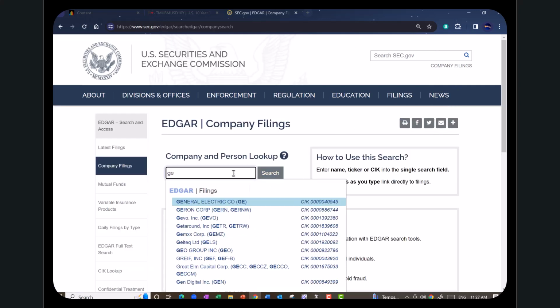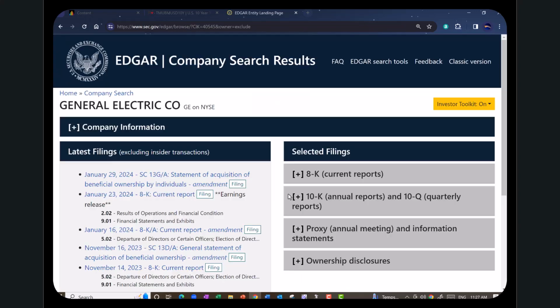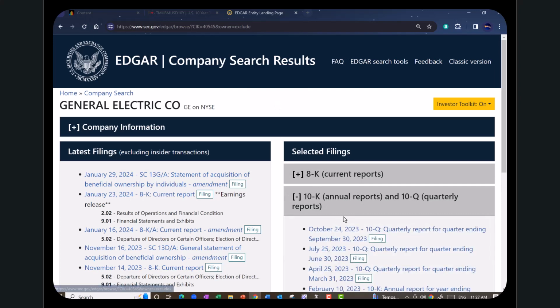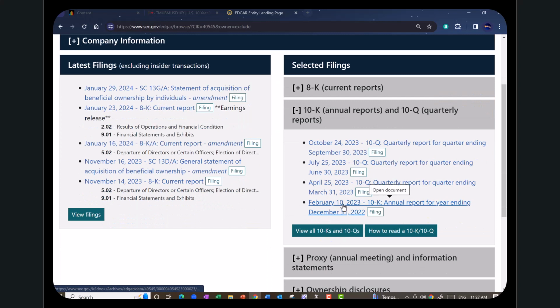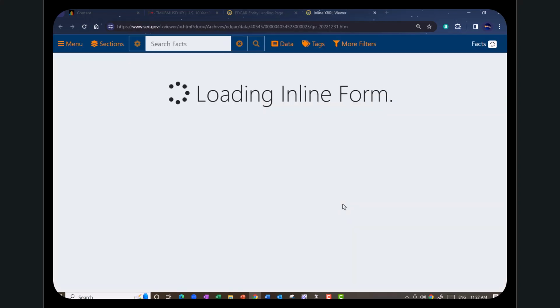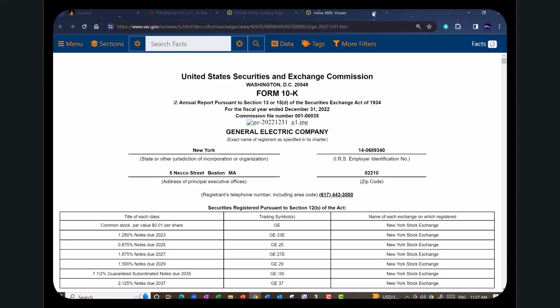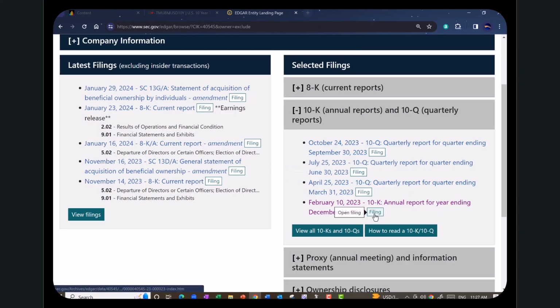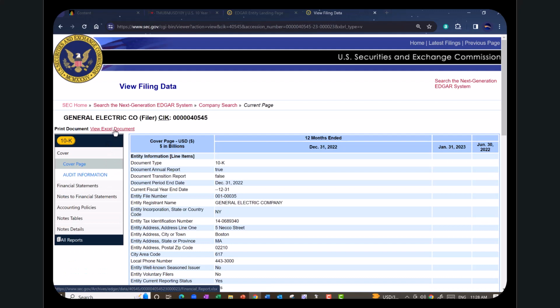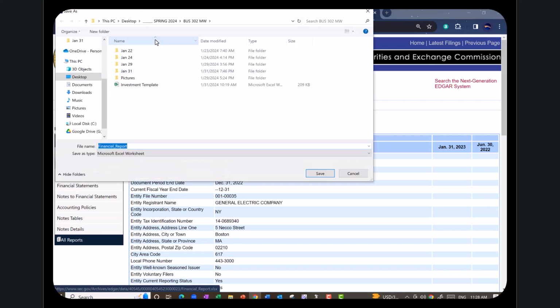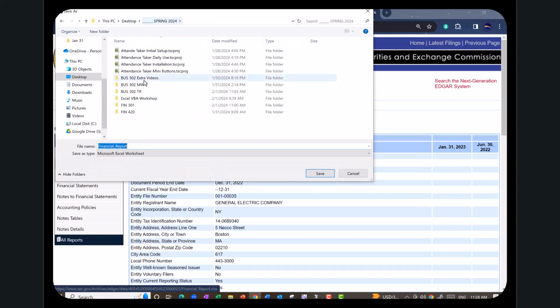And the ticker for GE is GE. 10-Ks. Their last 10-K. Okay, let's just skip that one. That's not what I want. I want the filing, not the documents, so that I can do interactive data and get the Excel documents.